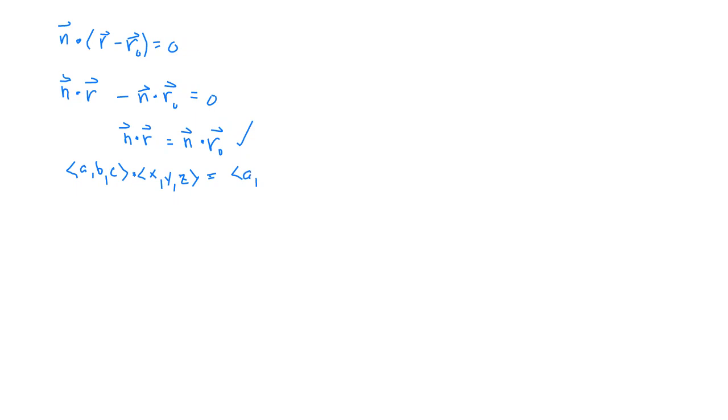That's going to equal the dot product of A, B, C with x sub 0, y sub 0, and z sub 0. So Ax plus By plus Cz would equal A times x sub 0 plus B times y sub 0 plus C times z sub 0.